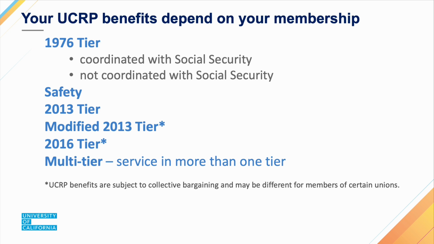For those of you who worked at UC before July 1 of 2013 and then returned after July 1 of 2013, you could have earned benefits under both the 1976 and the 2013 tier. Now, while many of the benefits in UCRP are the same for all members, please note that there are differences between these tiers and will be pointed out along the way.